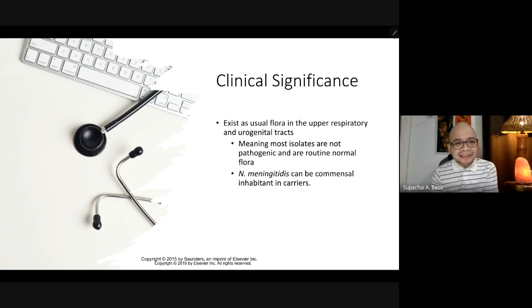So, clinical significance. Some species of Neisseria can actually exist as the usual flora. When you say usual flora, we are referring to the normal microbiota of the upper respiratory and urogenital tract, meaning most isolates are not pathogenic and some are routinely normal flora. In fact, Neisseria meningitidis can be commensal inhabitants in some carriers.